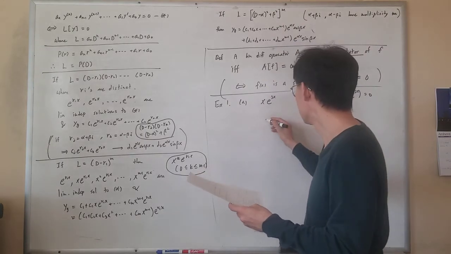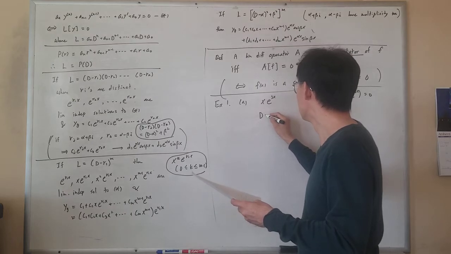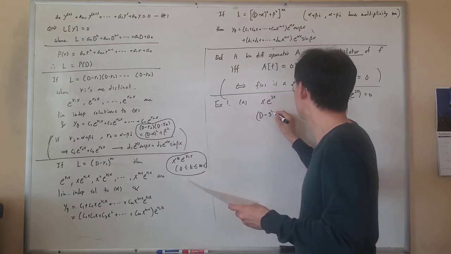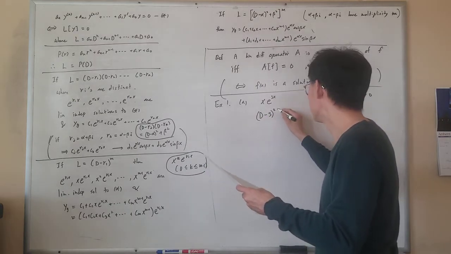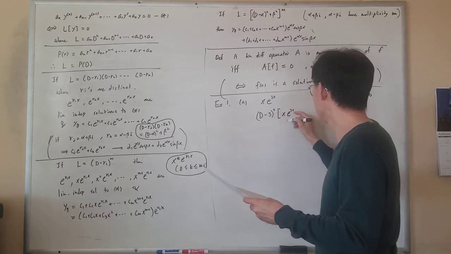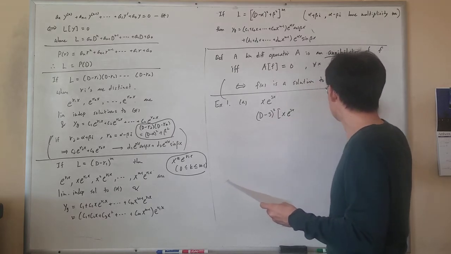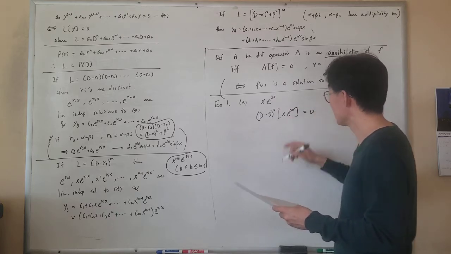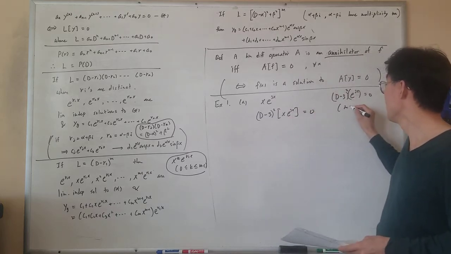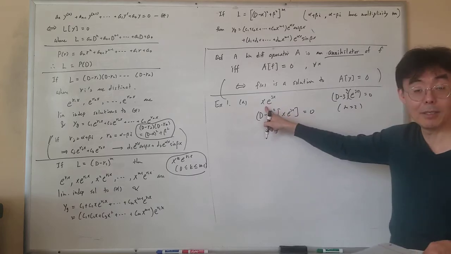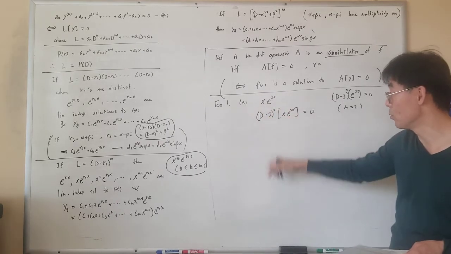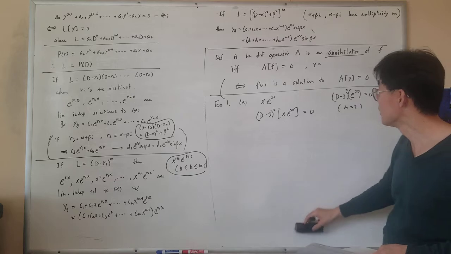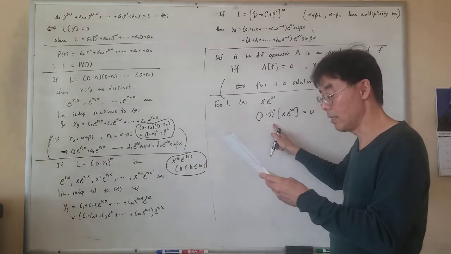So the annihilator must be D minus 3 squared. Okay? Then it becomes a solution for not only e to the 3x being 0, but also x times e to the 3x equals 0. So this is the m equals 2 case. So k can be either 0 or 1. Alright? So this is the annihilator.